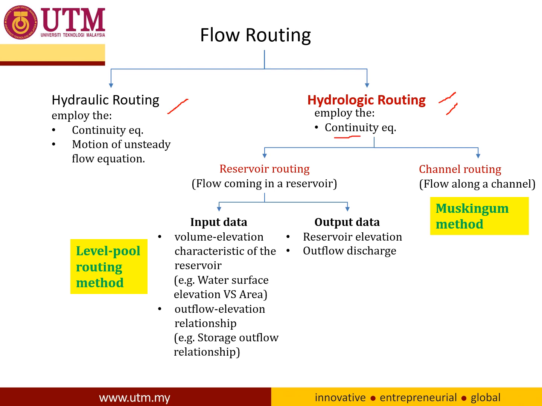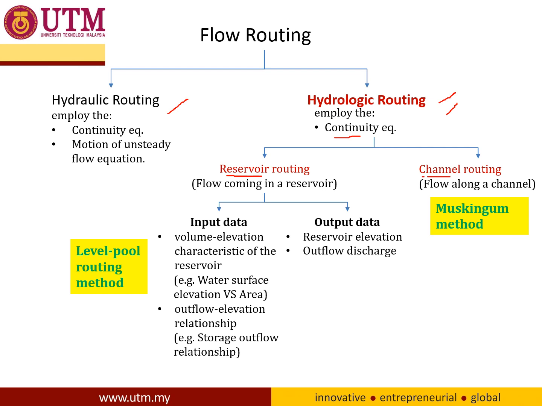And then it is divided more into two conditions, for example, if it's a reservoir, or if it's a channel. So a reservoir, for example, a dam or detention pond. So that is a condition of a reservoir. On the other hand is channel routing. It may be a river or an open channel. So we will look into these two, reservoir routing and channel routing.